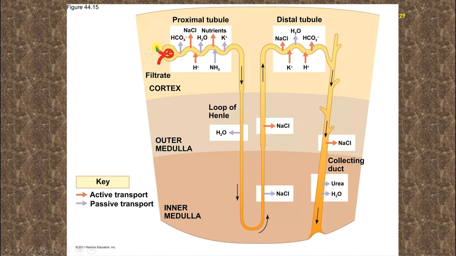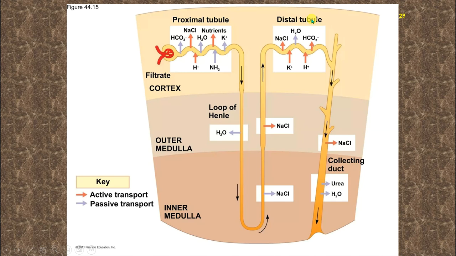So here in the Bowman's capsule, which is present in the kidney cortex, bicarbonate ions are coming out, and sodium chloride, water, nutrients, potassium, hydrogen and ammonia enter from the outside. Whereas in the loop of Henle, the descending loop and ascending loop, the sodium chloride will be excreted out.